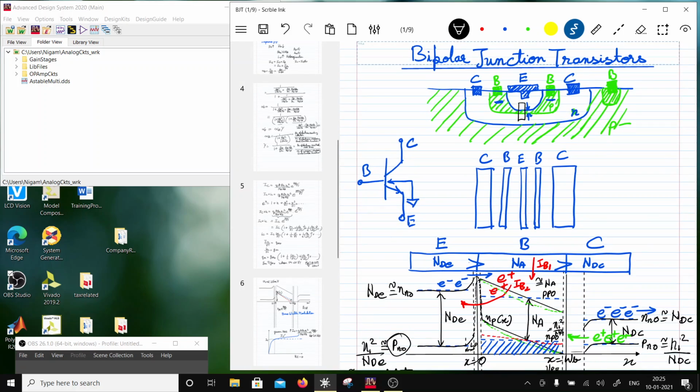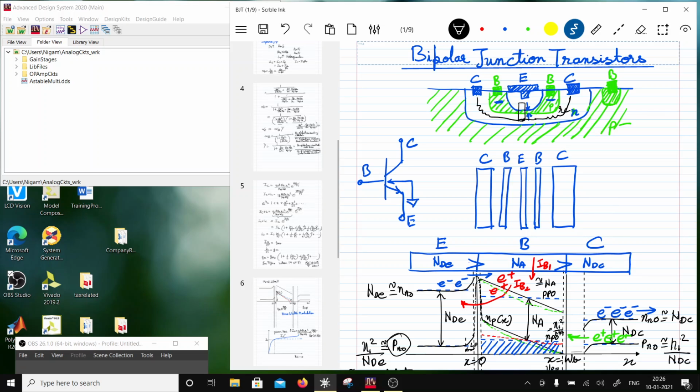Of course, so now here the collector is over here, right? So you can assume that there is a resistance between here. Okay, so there is a resistance between here, so this is going to be RC.